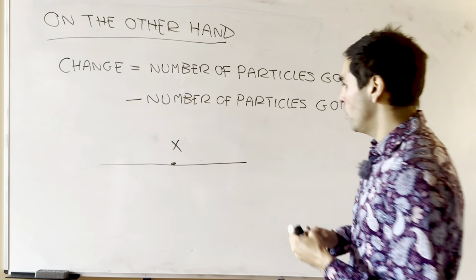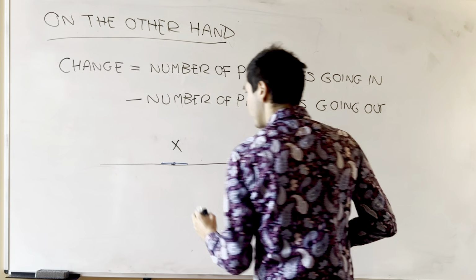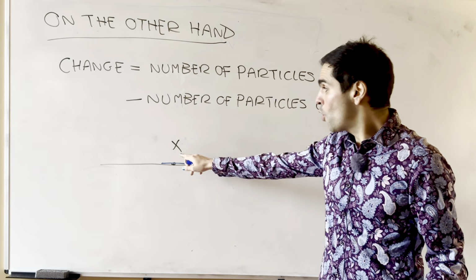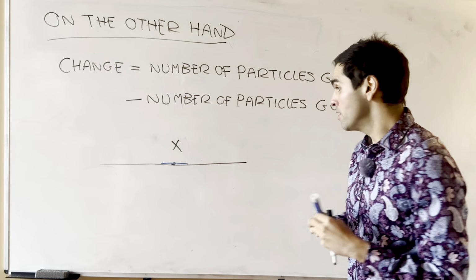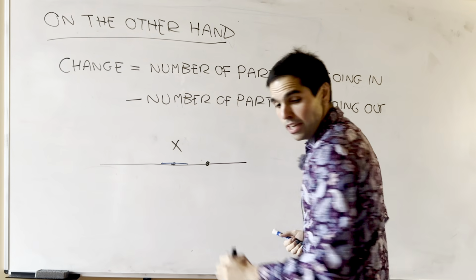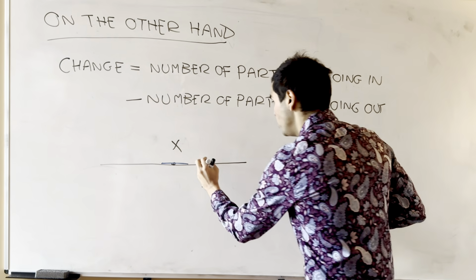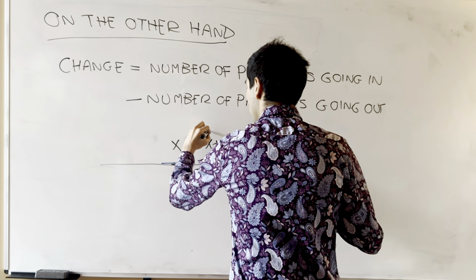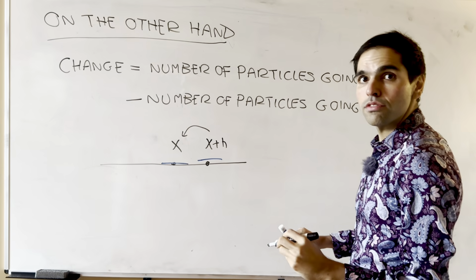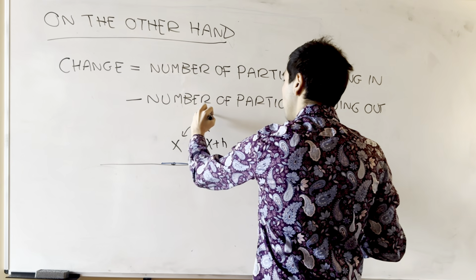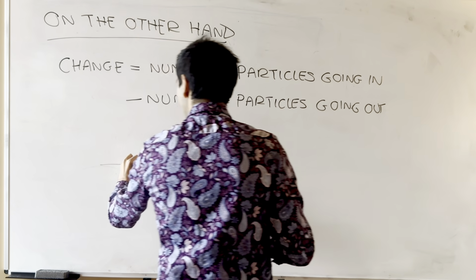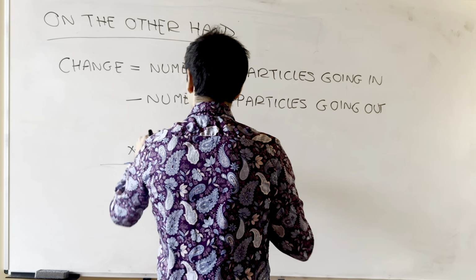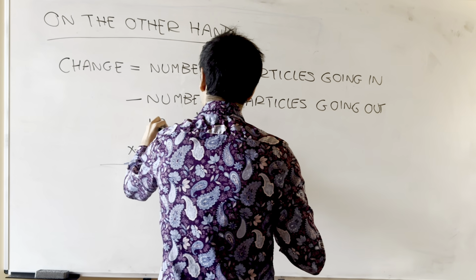So first of all, what are the two ways of going into the region of X? Well, either you can go from X plus H and jump to X with probability 1/2, or you can go from X minus H to X also with probability 1/2.